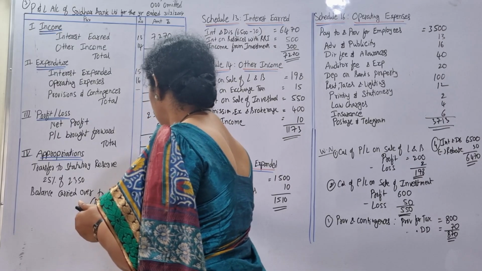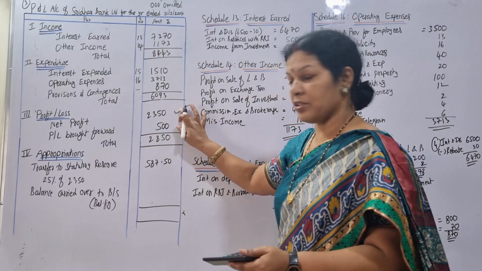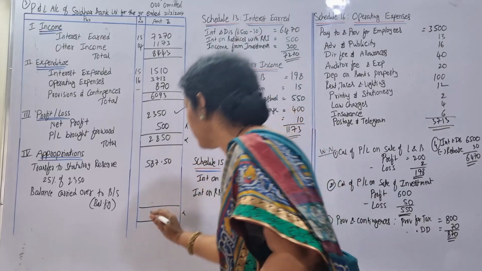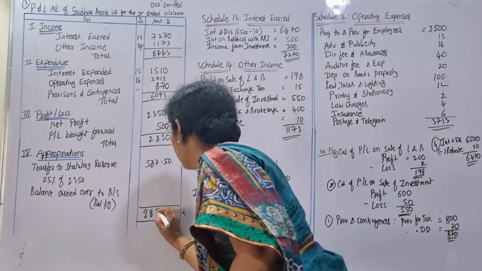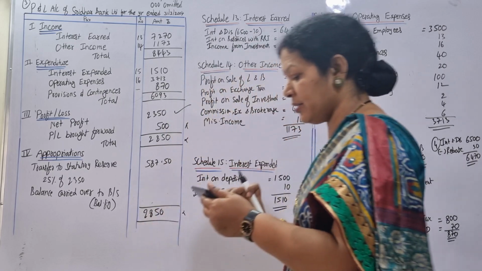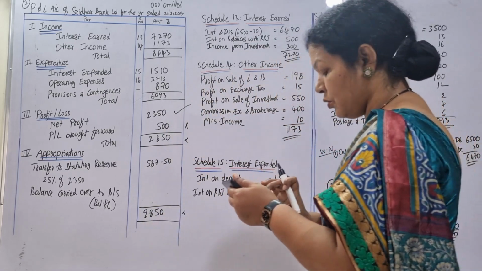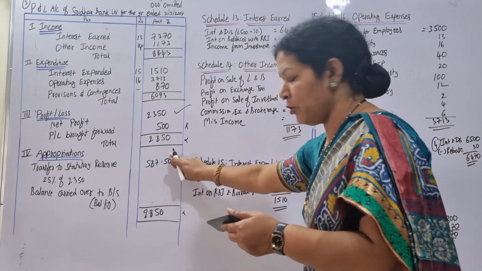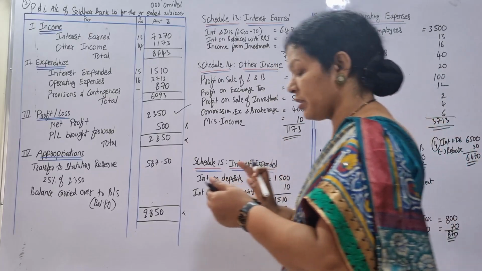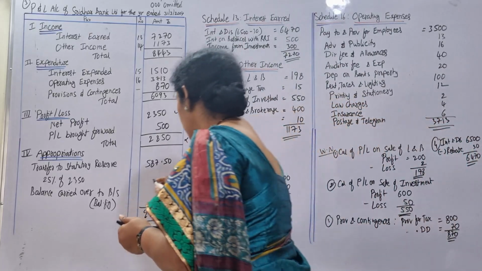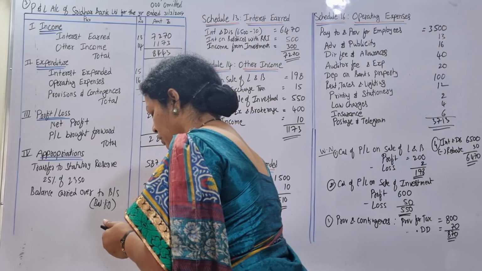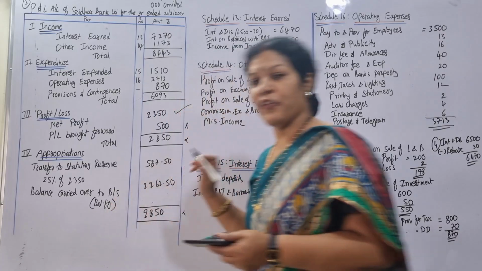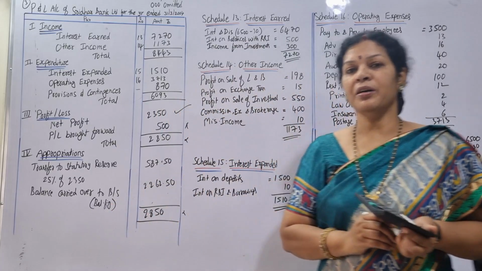Now same amount we'll write here. 2850 minus 587.50 comes to 2262.50, the balancing figure forwarded to the balance sheet.